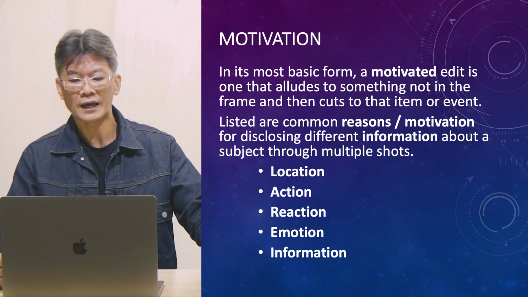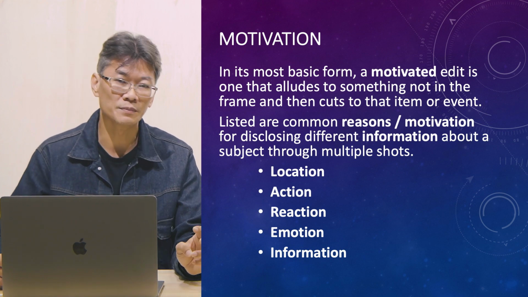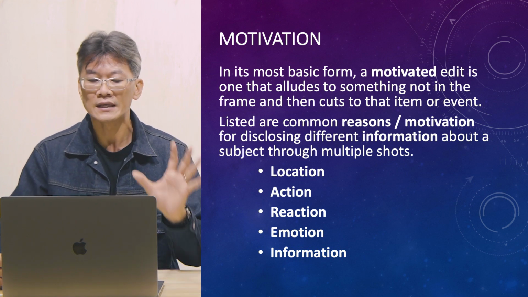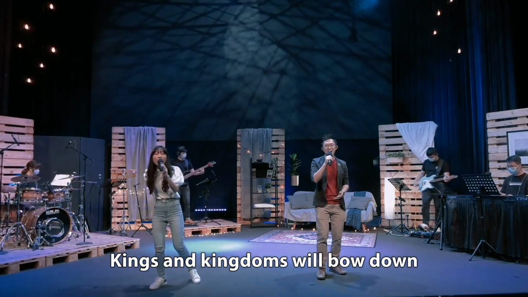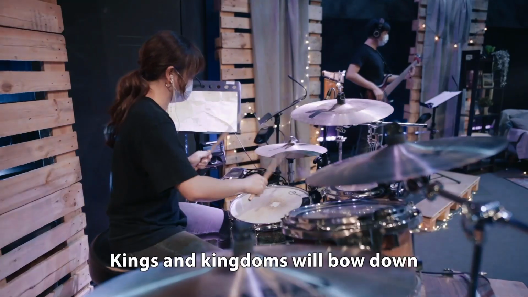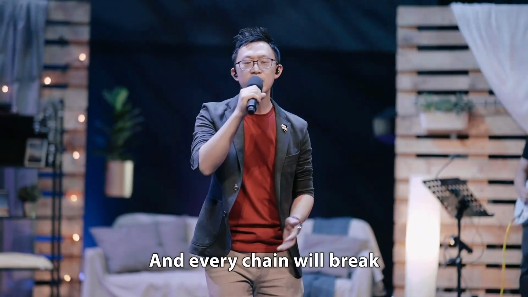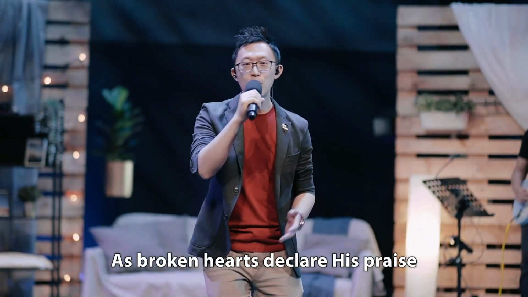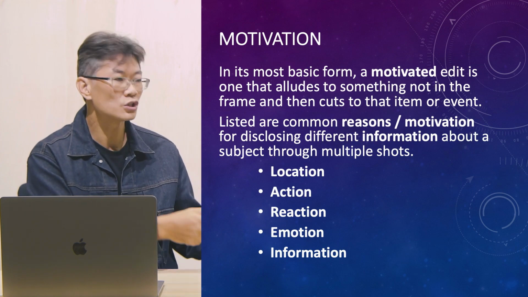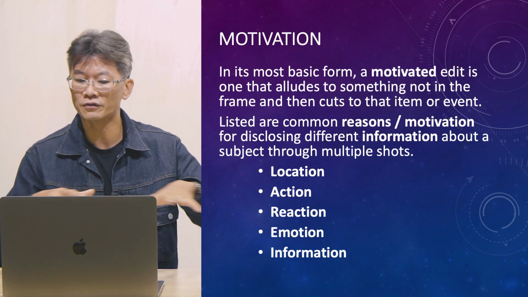The 5 that I talked through in the beginning for the cameraman are these. They are location shots, where you're motivated to show the location, followed by showing the action of the person on stage, for example, what he is doing or saying, and then the reaction, for example, the musician starts playing, the reaction of the audience.